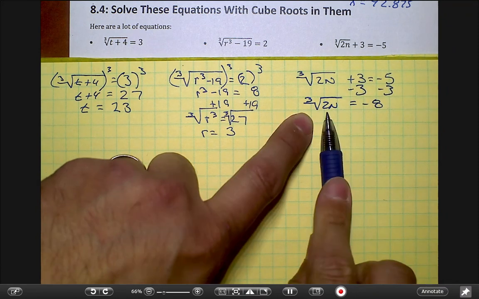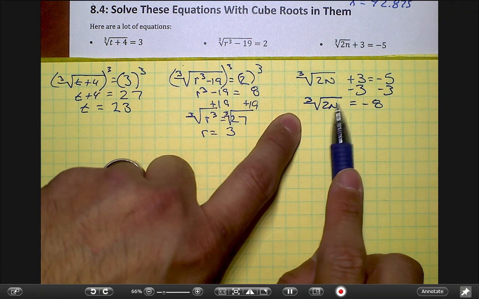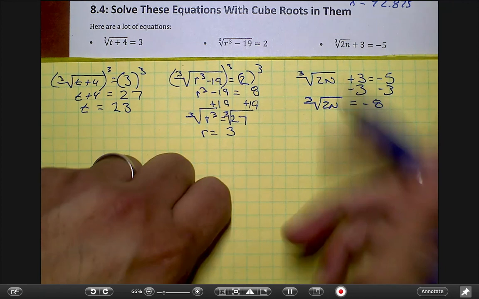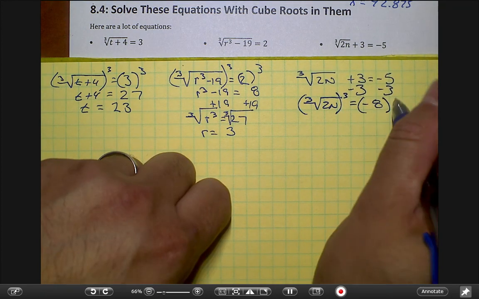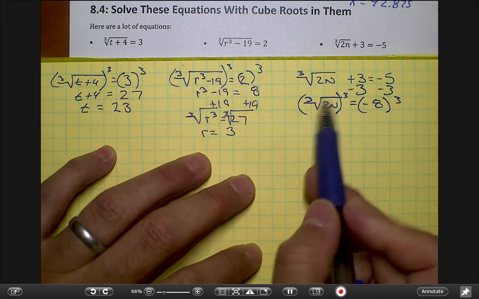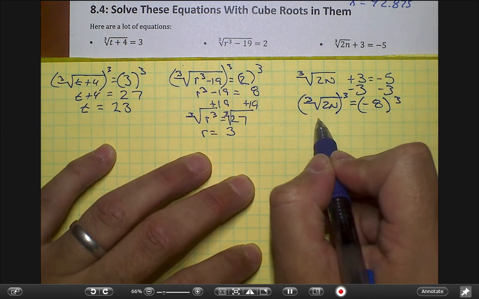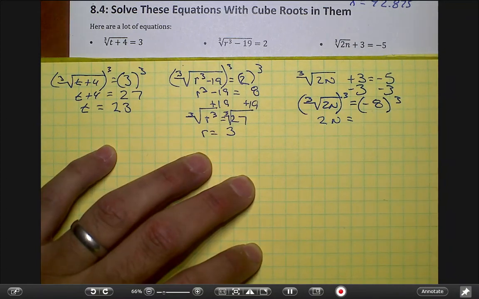Okay, so now right here, now I have my radical by itself. Now I undo the radical by cubing both sides. Now these will cancel, so I'm left with 2n. Negative 8 to the third power.